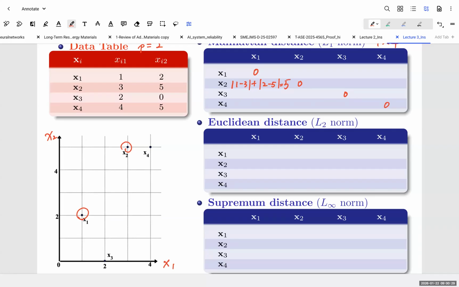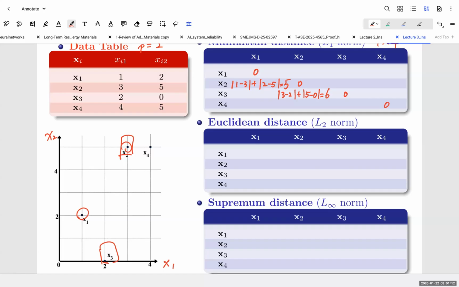Okay, and for 2 and 3. So according to the first dimension, it is 3 minus 2. Second dimension, 5 minus 0. The distance is 6. Okay, so according to Manhattan distance, the distance between x1 and x2 is less than that between x2 and x3.